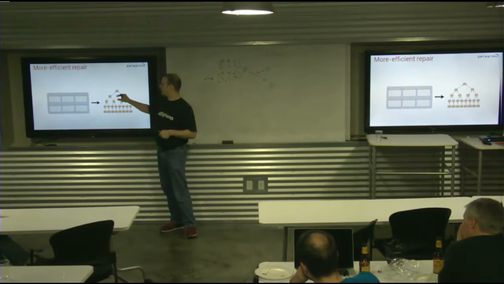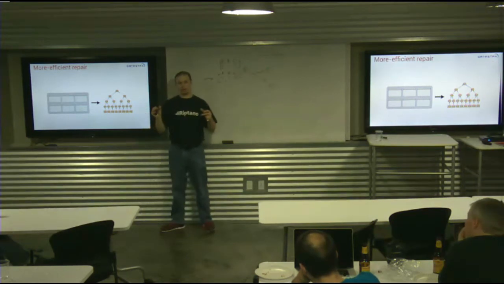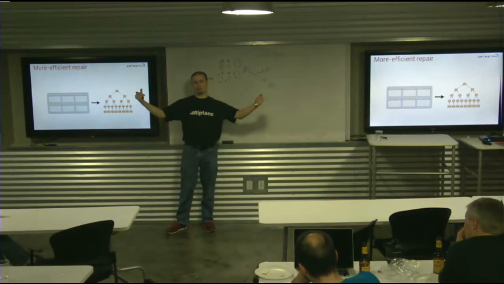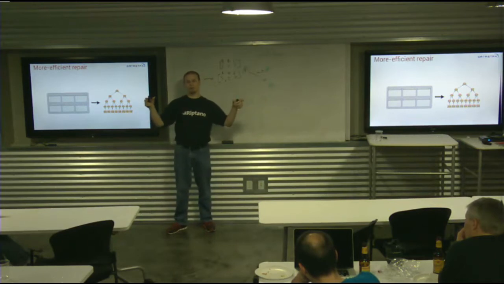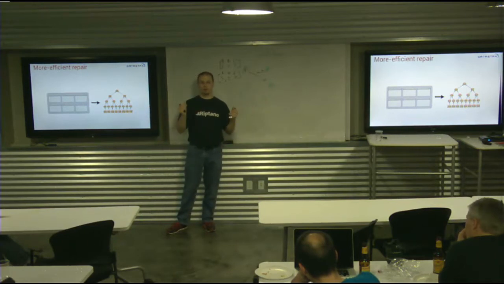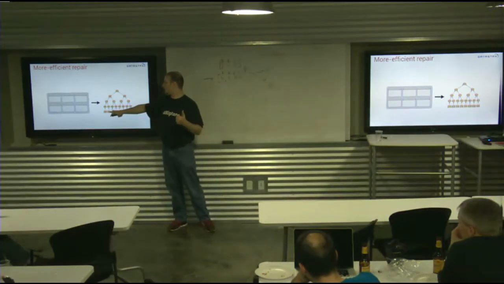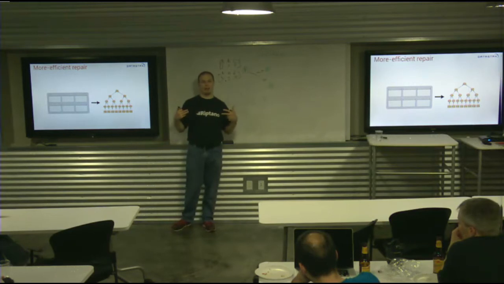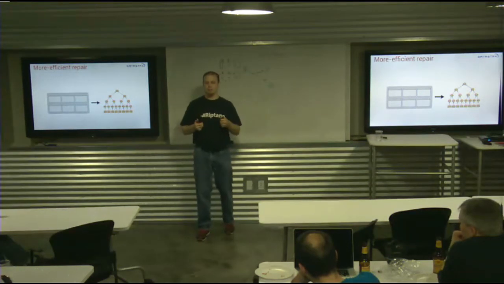But if they disagree, then we can logarithmically look at the left half and the right half and say, do they disagree because of problems in the left half or the right half? Every time we go down a level, we cut our data set in half until we finally come down and say, okay, it's because of these 3 blocks that had different hashes, and so we'll exchange the partitions that those blocks represent.